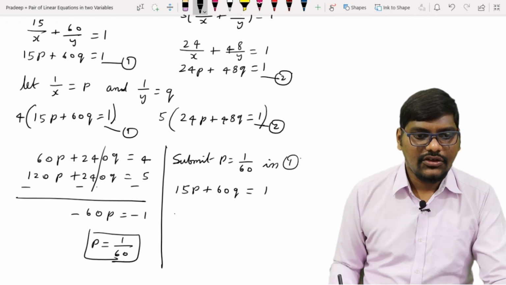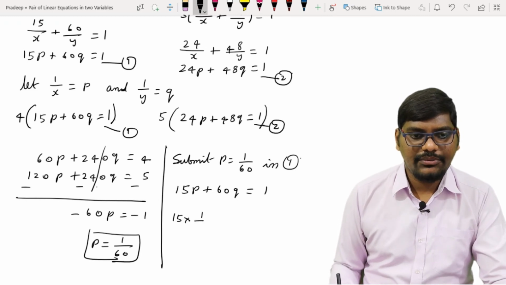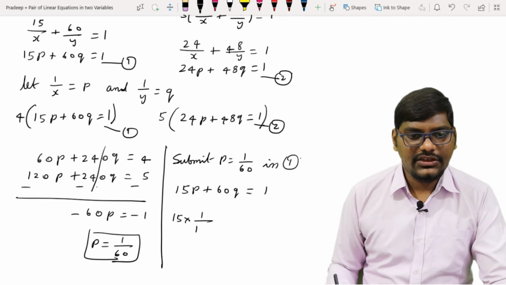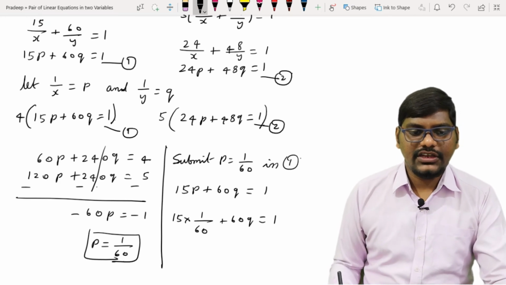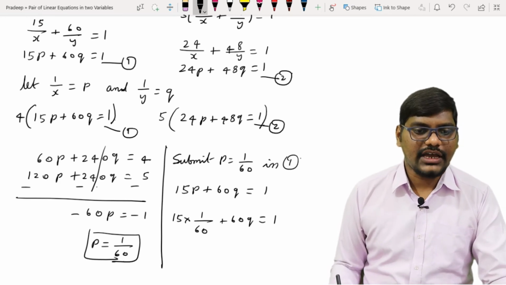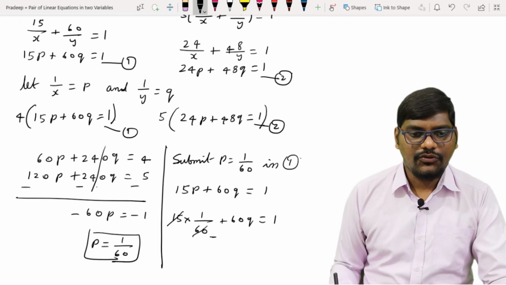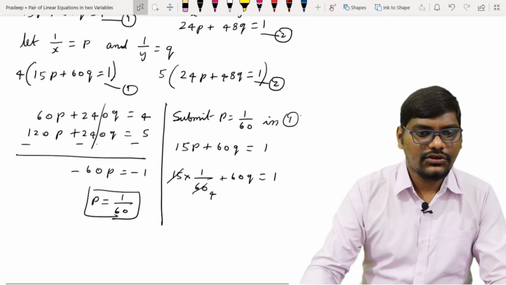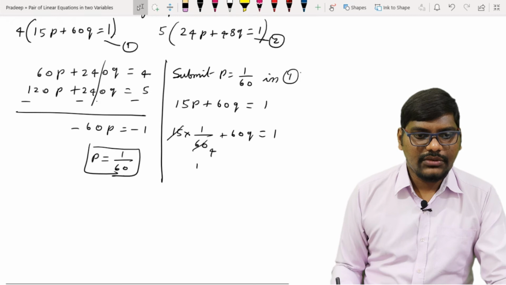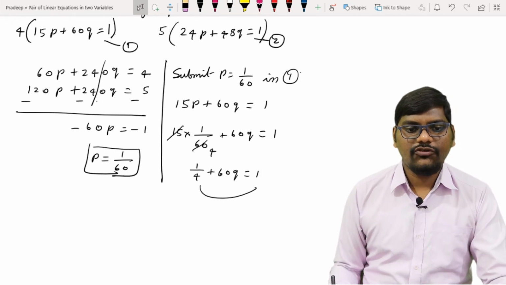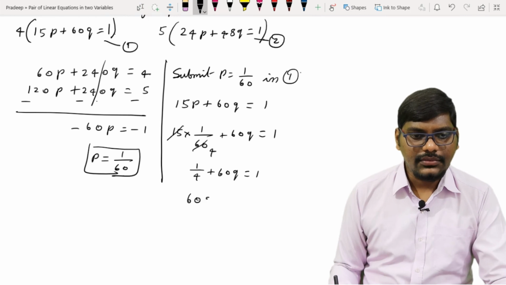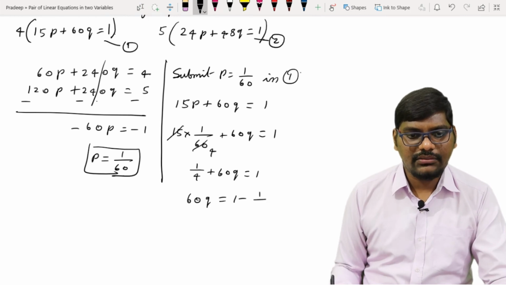So here 15 into 1 by 60 plus 60q equal to 1. In the 15 table, 60 we can cancel it 4 times, that is 15 ones are 4s are. So I can write here 1 by 4 plus 60q equal to 1. This 1 by 4 I'm sending to the other side: 60q equal to 1 minus 1 by 4.